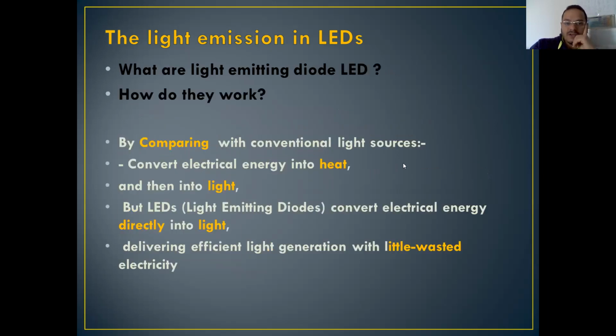Compared with conventional light sources, they convert electrical energy into heat and then into light.